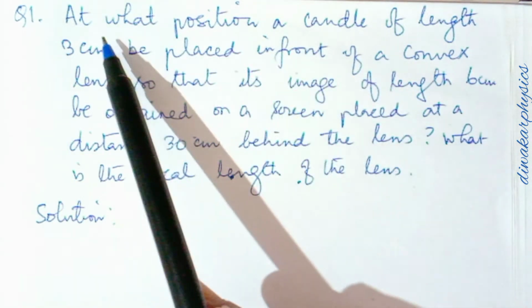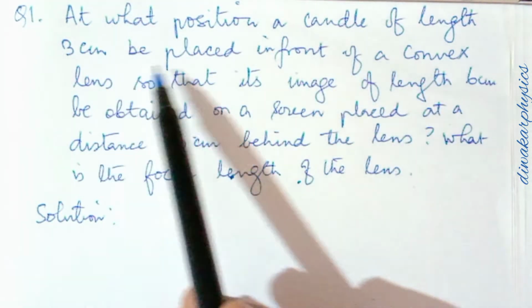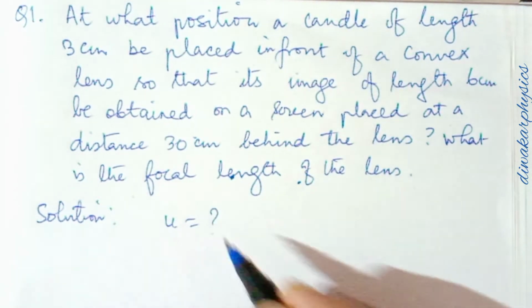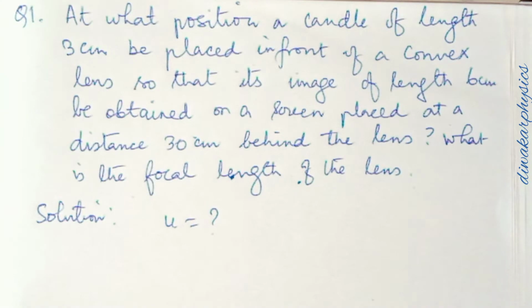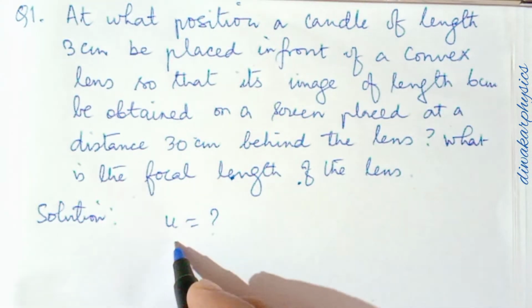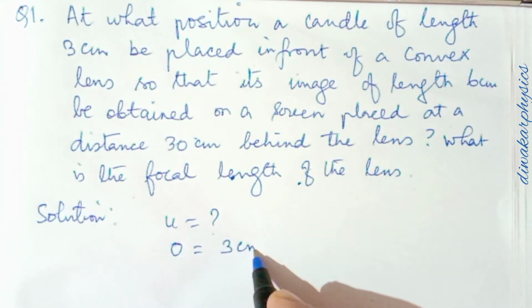So you see, at what position should the candle of length 3 cm be placed? First, they are asking for the object distance, so you can put a question mark for the object distance, and the object length, usually taken as O, is 3 cm.